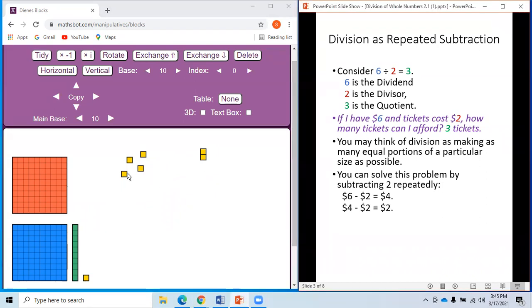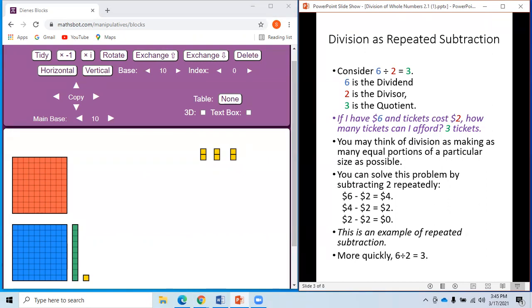And $4 minus $2 is equal to $2. I have $2 there. And $2 minus $2 leaves me with $0. This is an example of repeated subtraction. More quickly, 6 divided by 2 is equal to 3.